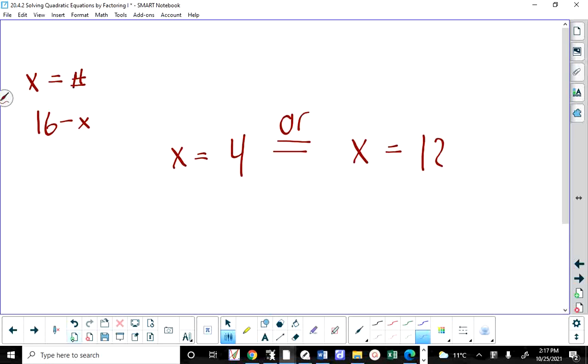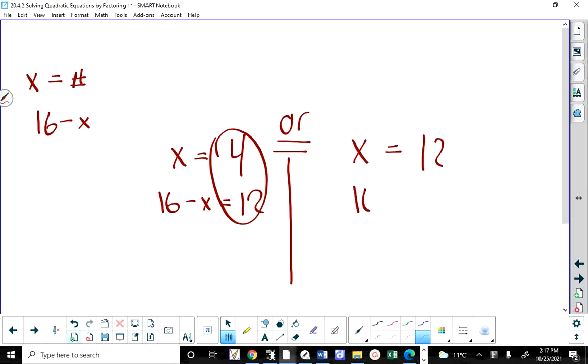So, if this is an answer, then the first number is 14 and the second number is 12. If 12 is the answer, then the first number is 12 and the second number is 4. But it turns out the two different answers happen to be the same answer, so we don't worry about two answers.